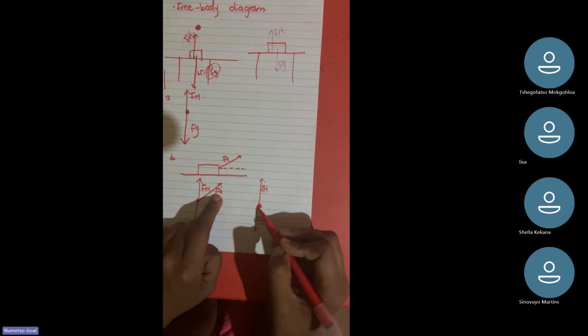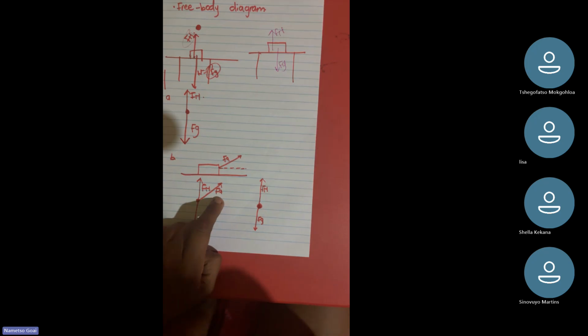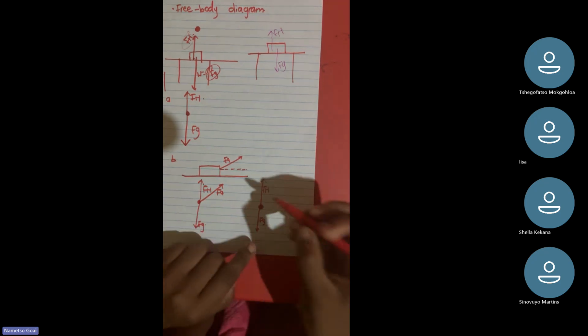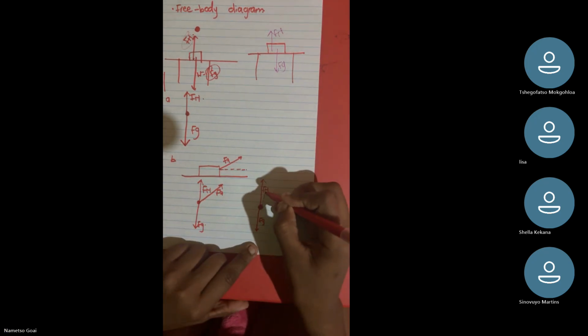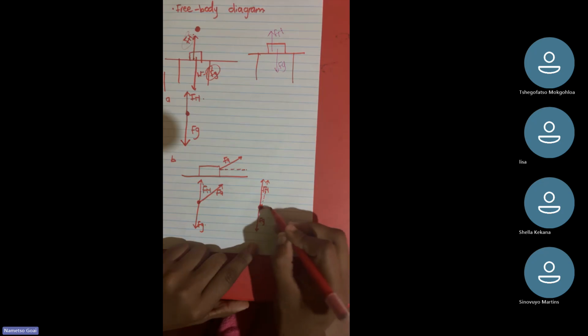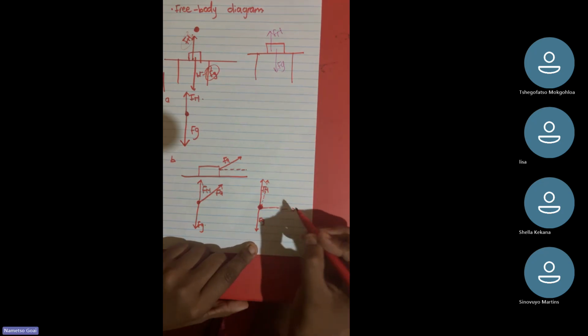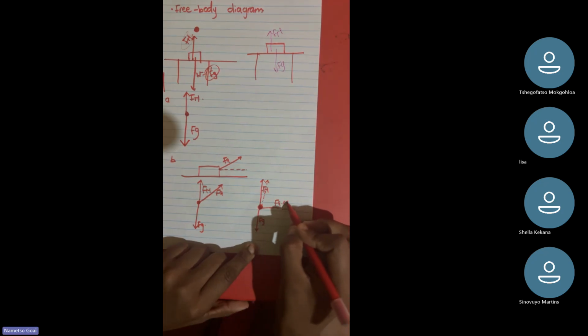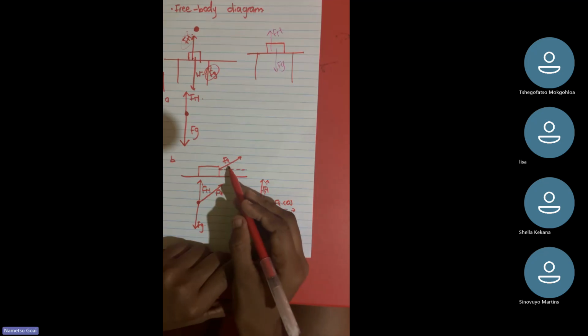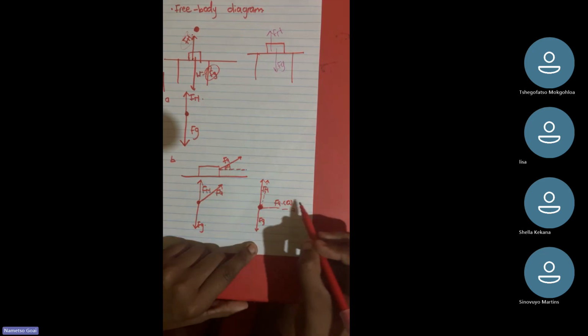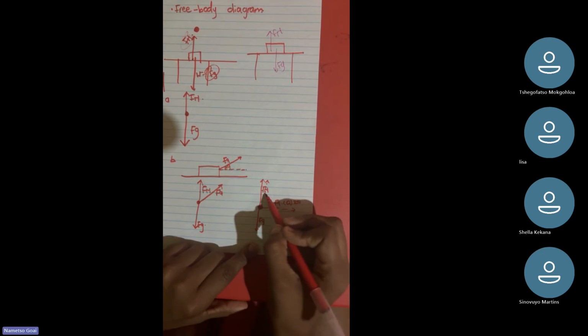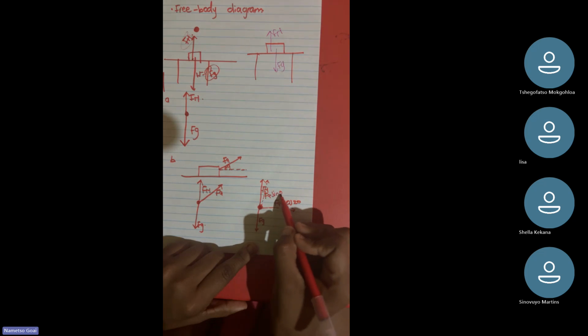You want to break down this Fa into its components, whereby you say Fa cos of whatever angle. Let's say they give you that this is 20. You say Fa cos 20, and then this is Fa sine 20.